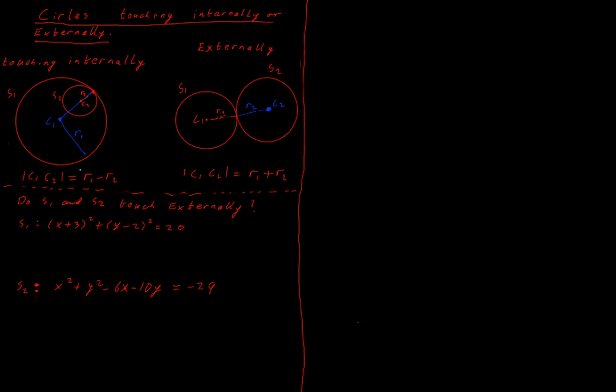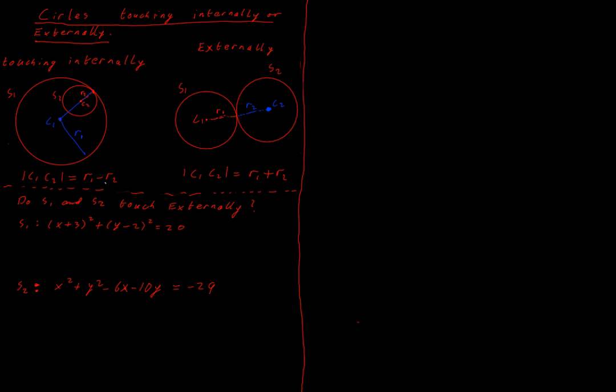Well, it's given by the difference between the radii. This is R1. If I subtract away R2, I'm left with the distance between my two centers. So if the circles are touching internally, then the distance from one center to the other is going to be given by the difference of the radii.